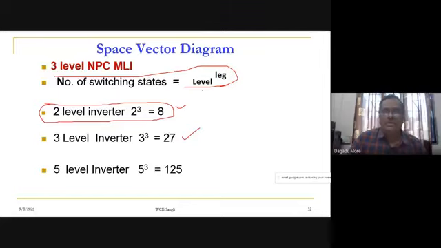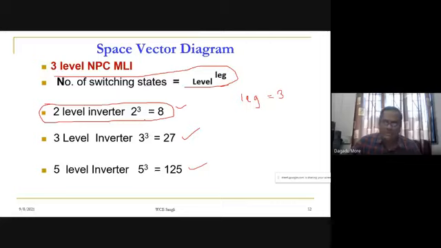A 5-level inverter, we are having 3 legs and 5 levels, so 5 raised to 3, so 125. This way you can find out the switching states of any inverter. Switching states will be given by level raised to the number of legs in the inverter. Normally our inverter is a 3-phase inverter, so the number of legs will be 3 here, and levels a 2-level, 3-level, 5-level.